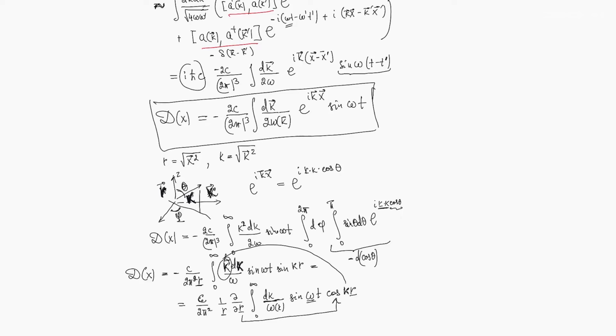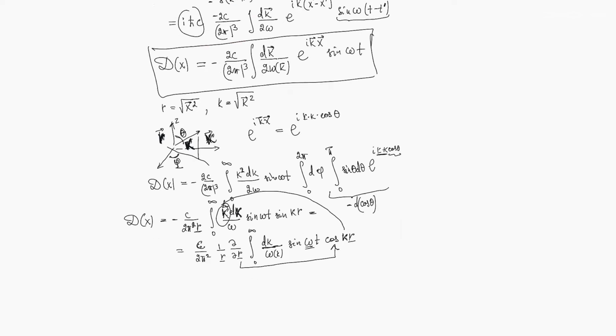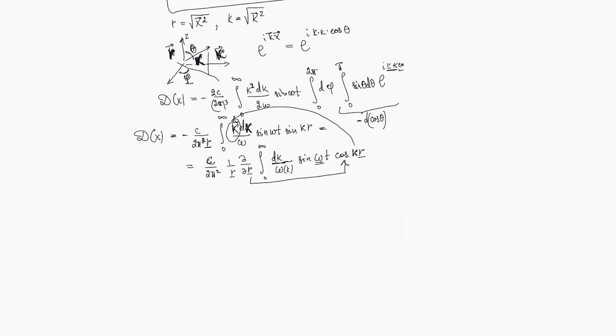And now we can actually remember what this omega is. Now you see, this integral is a bit non-trivial. It's not so easy to take because omega of k is an explicit function of k, which is not so pleasant.